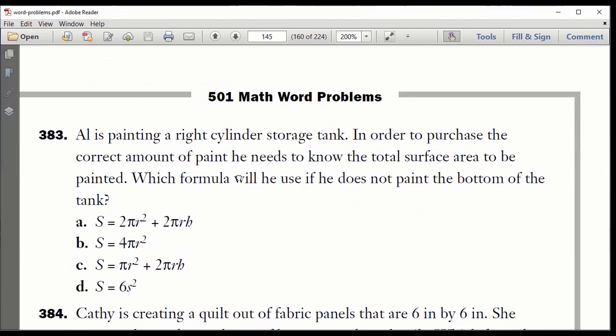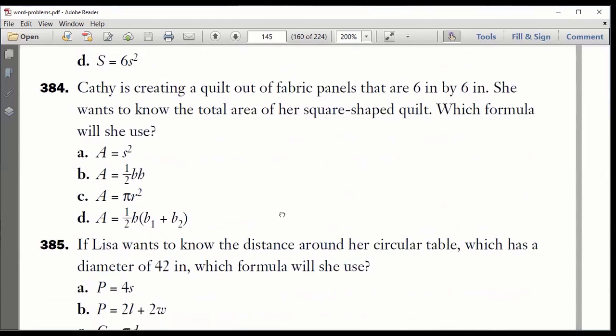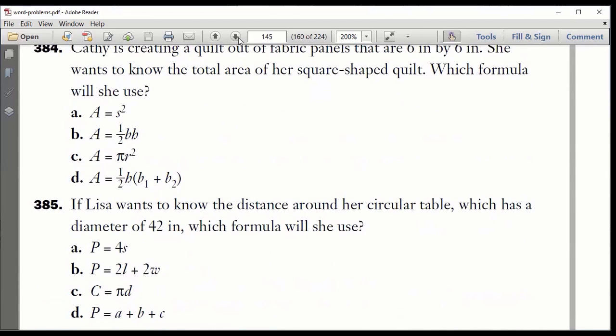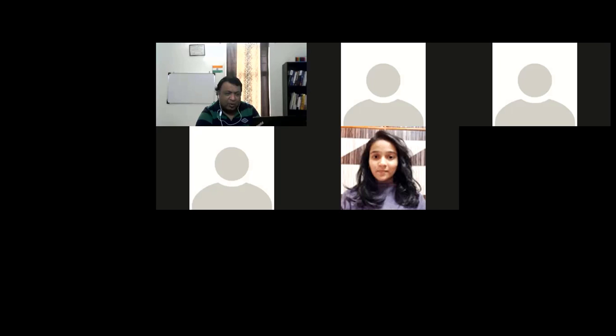Now, do you know circular things? Everybody knows what is circular shape area? I'll show you circular shape area. Mudit, I'll explain because you will require this in your calculation.